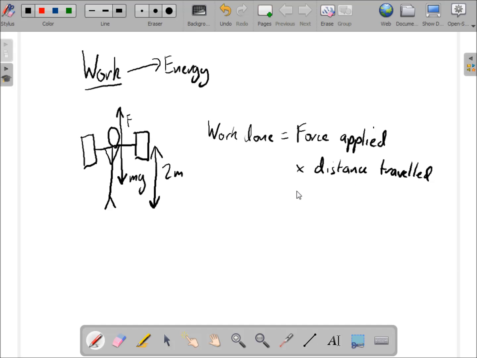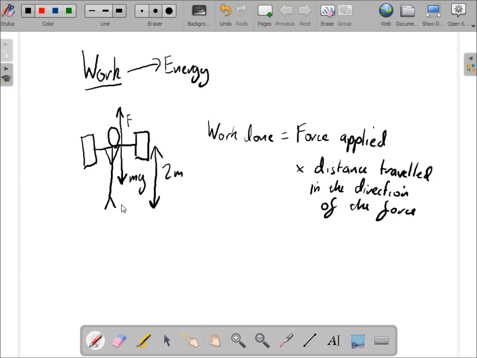Now I'm going to add to this a little bit of an extra, which is in the direction of the force. And that's important. We'll look at some examples of where that's not the case and where it is the case in a moment.